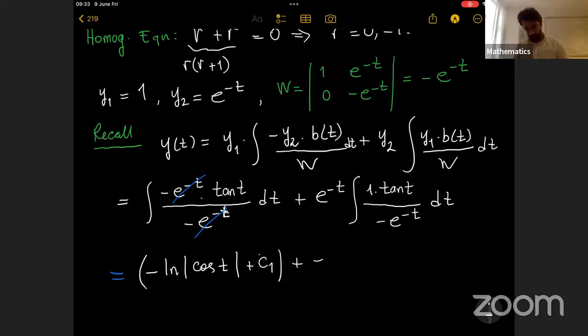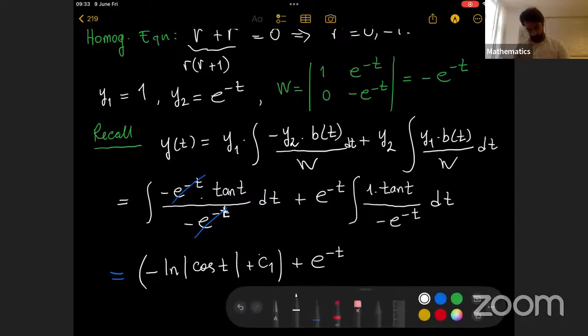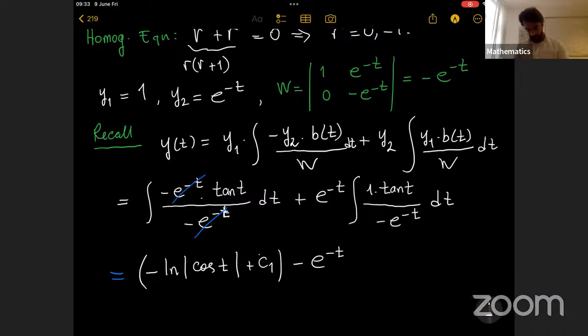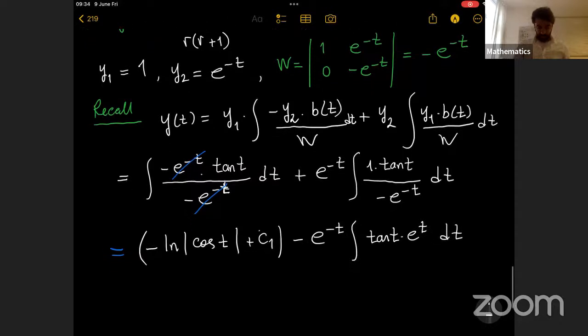The second one, e to the minus t, okay, and y1 is 1, okay, so here tangent t, so maybe let's take this minus sign out. Integral tangent t times e to the t dt. Maybe let's leave it like this.